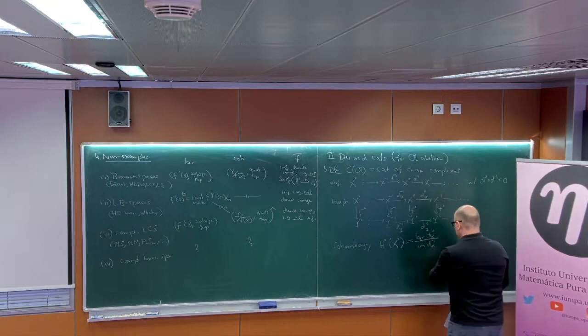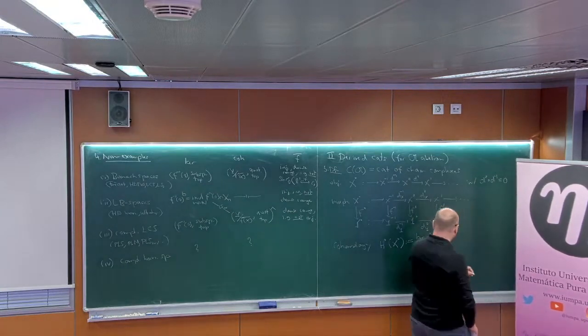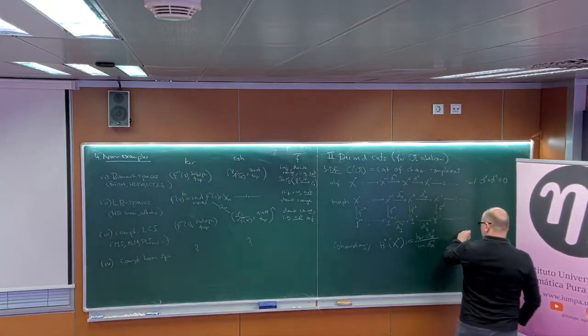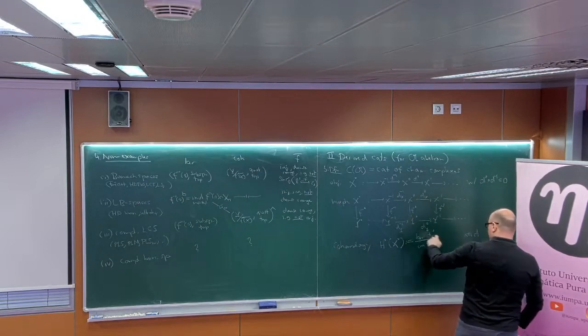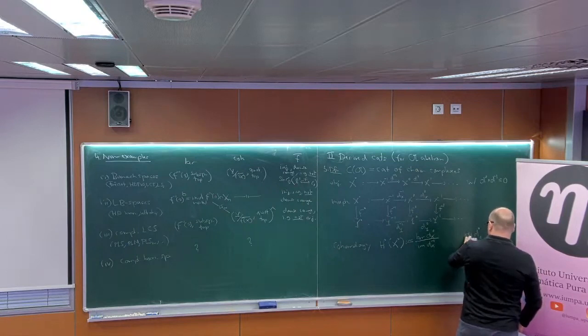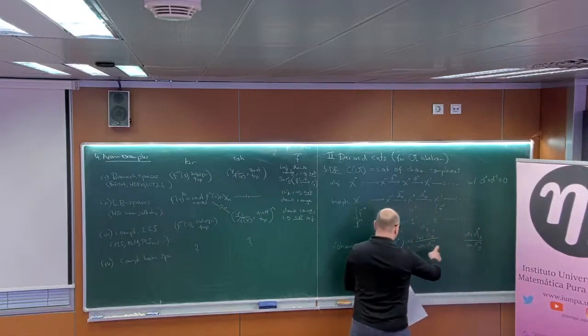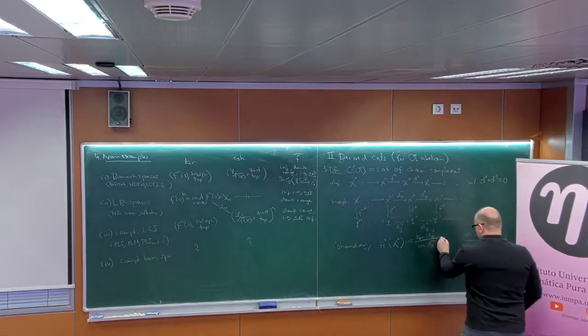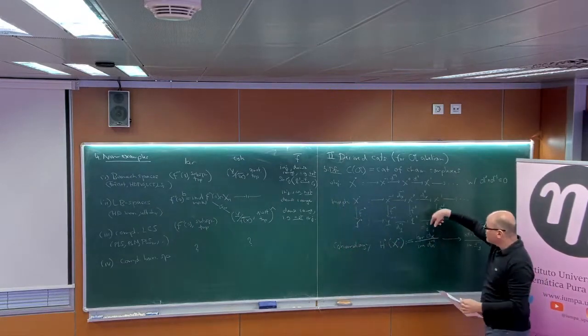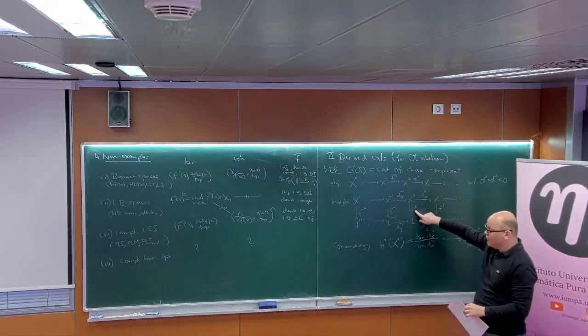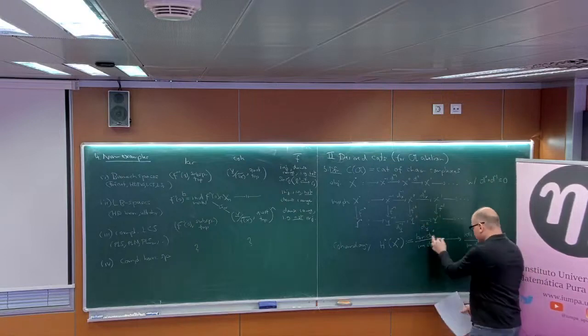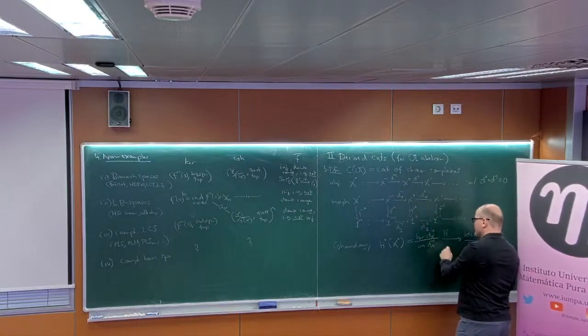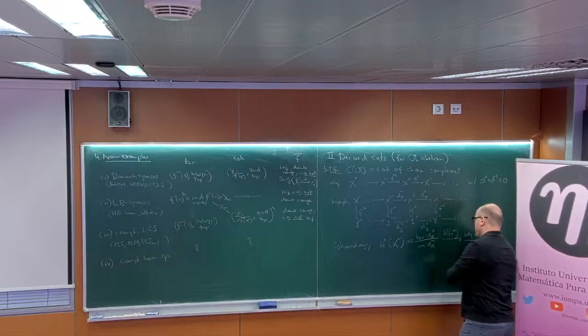I mean, in an abelian category we don't have to be careful there. Then you can do the same thing on the other side, down here for y. So that is H0 of y, and then your map f induces a map from here to here, and that's then H0 of f.